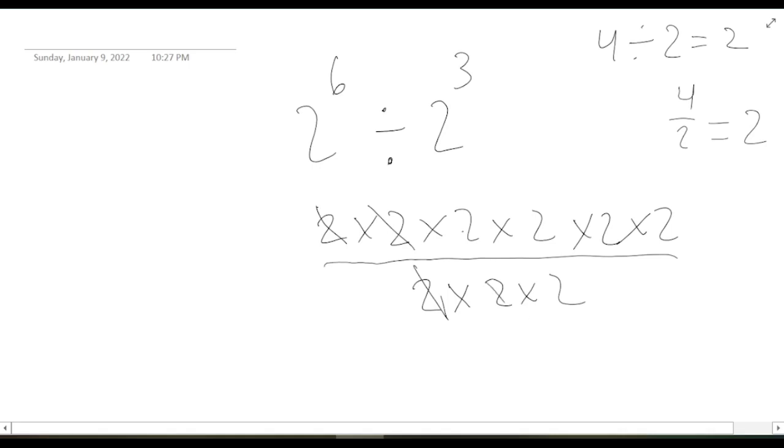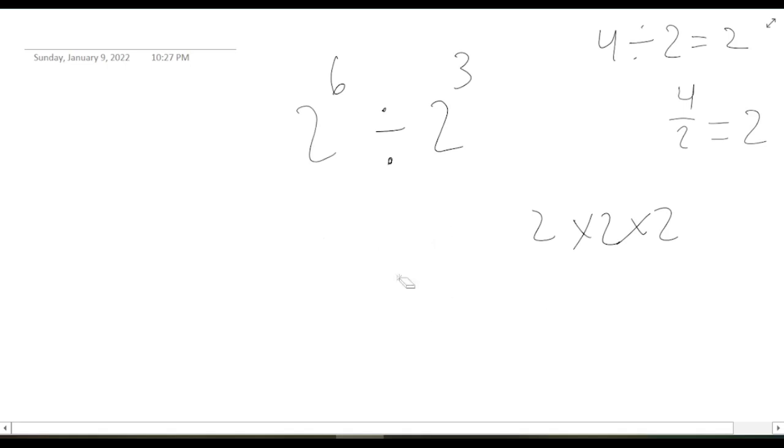And 2 divided by 2 is going to be equal to 1, so we can cross those out. And because there's nothing at the bottom here, we can just write in 1, right? And so what are we left with? 2 times 2 times 2.